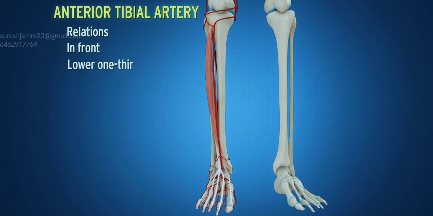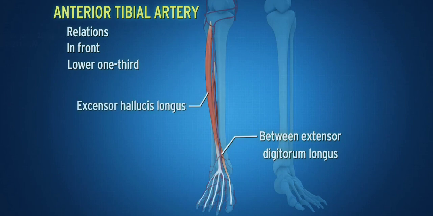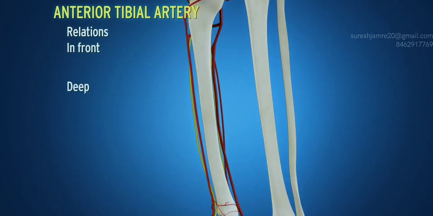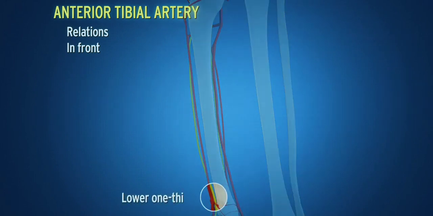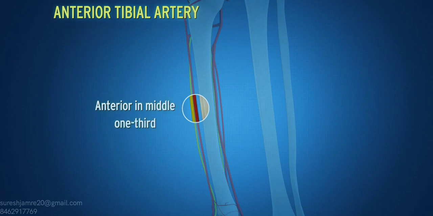In the lower 1/3 of the leg, it lies between extensor digitorum longus and extensor hallucis longus. The deep peroneal nerve is lateral to it in its upper 1/3 and lower 1/3 and anterior to it in its middle 1/3.